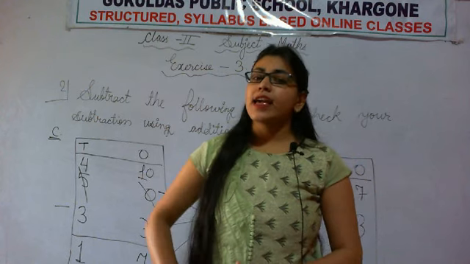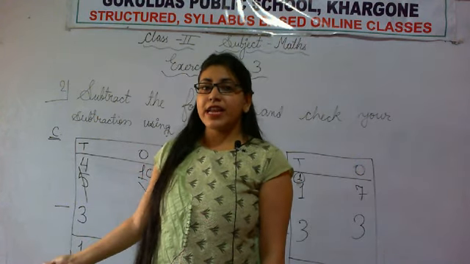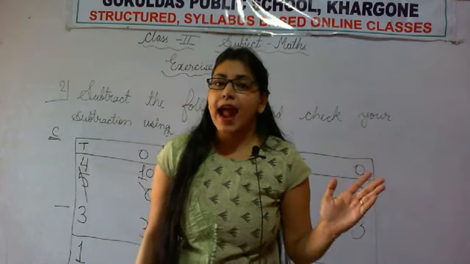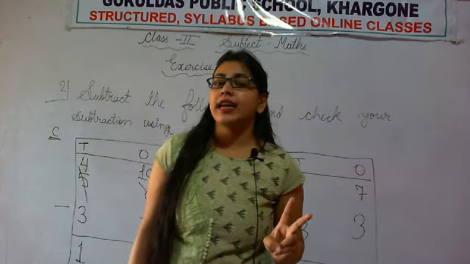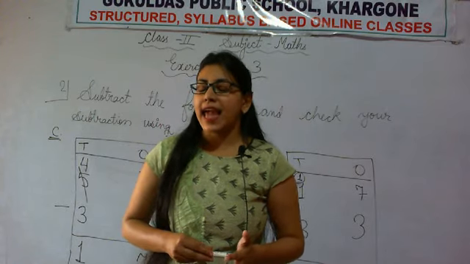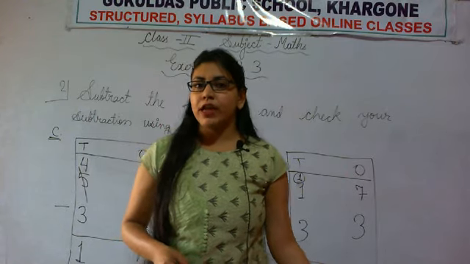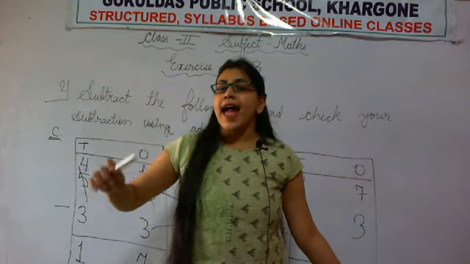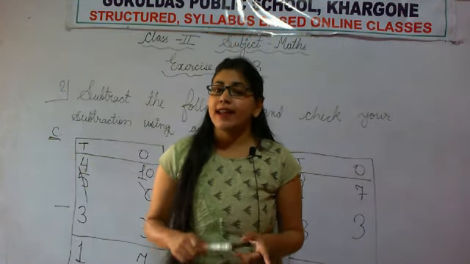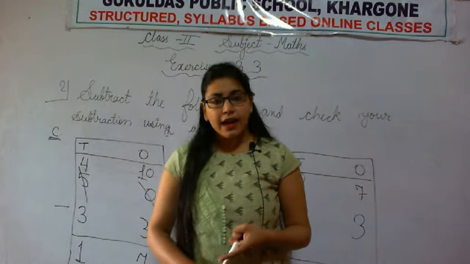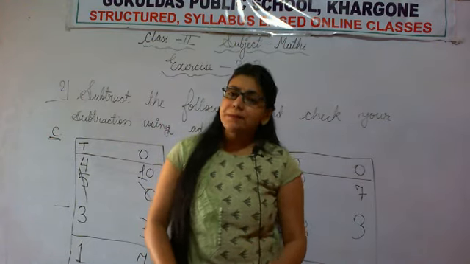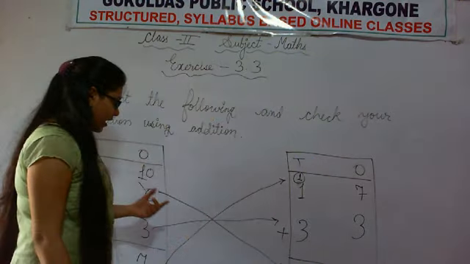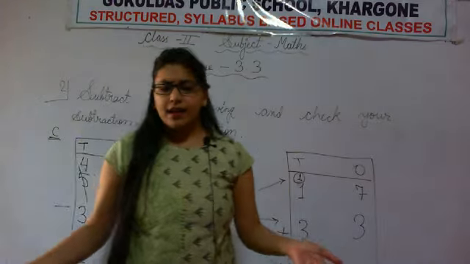For checking, our difference will be converted into the first addend, the subtrahend will be converted into the second addend, and then we'll check the total we got after adding those two. If our total and minuend are equal, it means we have done it correctly.